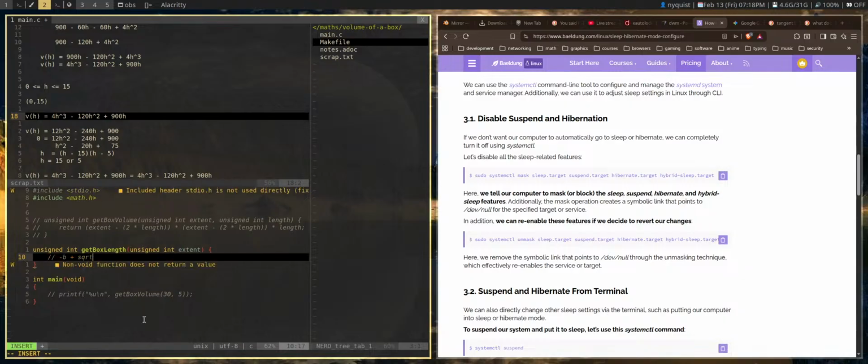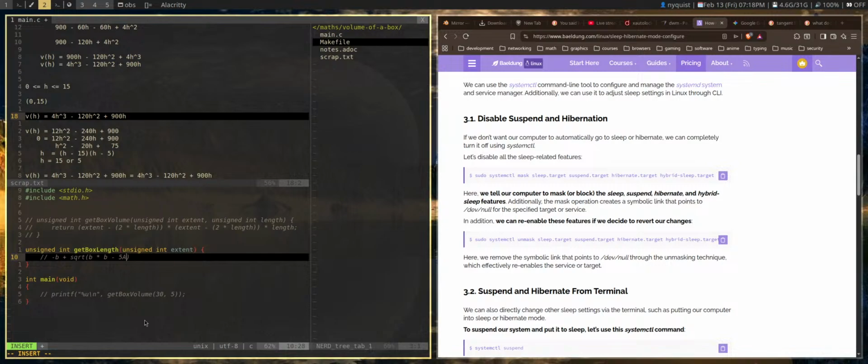So negative b, which I'm just going to write out. Negative b plus minus the square root of b squared. Look at this. I'm remembering. So let's do b times b. Do I remember it? Minus 4ac, right? 4ac divided by 2a.